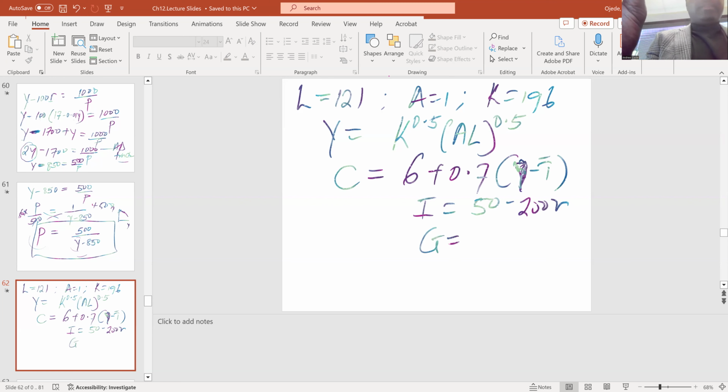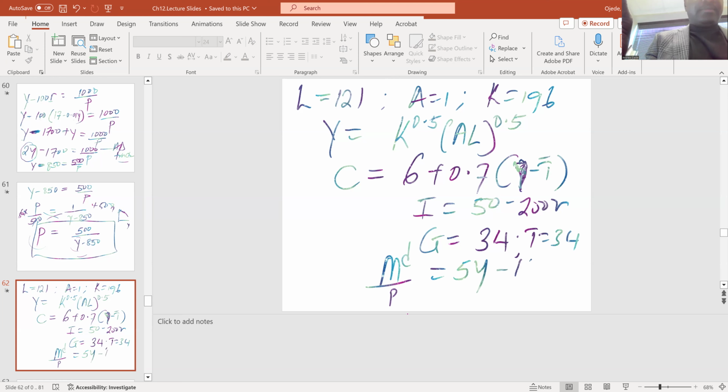Government spending is given as 34, and T is also 34. Okay. The money demand function, MD over P, equals 5Y minus 1500R. And then the money supply is 2480. Price is 4.